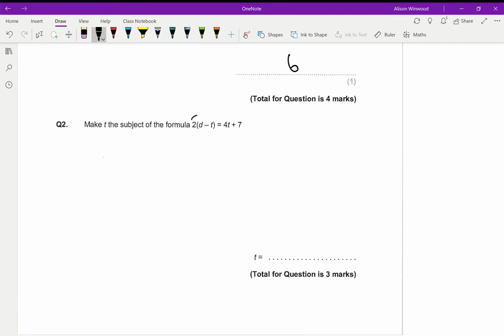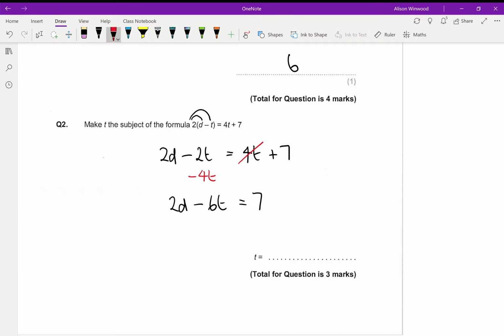First thing we need to do is expand the bracket, so 2d subtract 2t equals 4t plus 7. Then I want all the t's on the left, so I'm going to subtract 4t. So I end up with 2d subtract 6t equals 7.